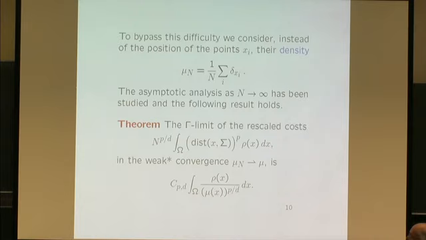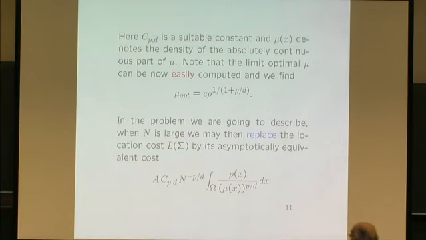You can prove that the limit problem is this one, where mu of x is the density of the concentration points, not the precise location, but only the density. And so you see, this is the limit problem, and this problem is very easy to solve because you just minimize this under the constraint that the integral of mu of x is 1, and this is a very simple solution, and this is the optimal distribution.